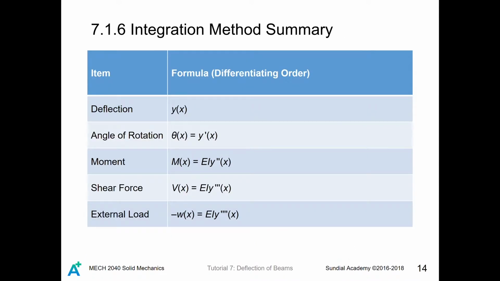So let's do a short summary about the integration method. Just now we mentioned the moment, shear force, and external load. They are all interconnected by some derivative relationships based on the statics of a single stress element extracted from a long beam. When relating the moment and the deflection as well as the angle of rotation, we adopt the radius of curvature formula.